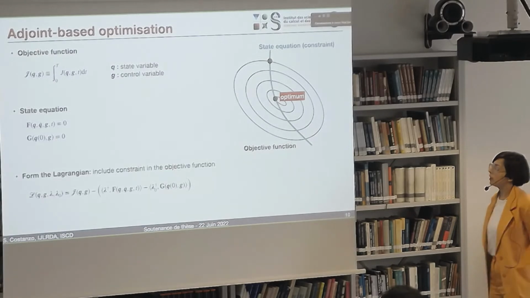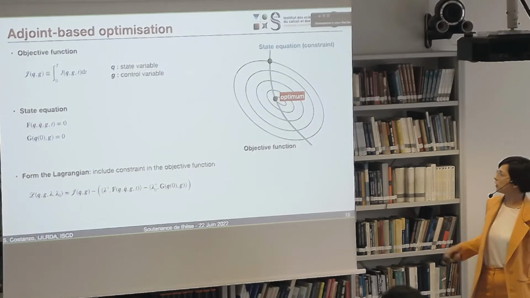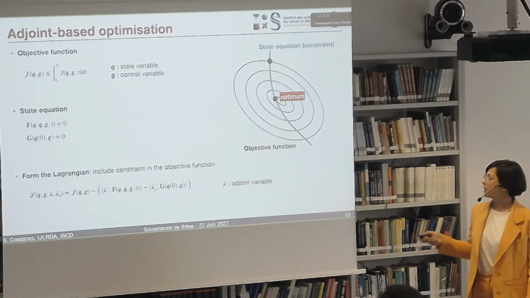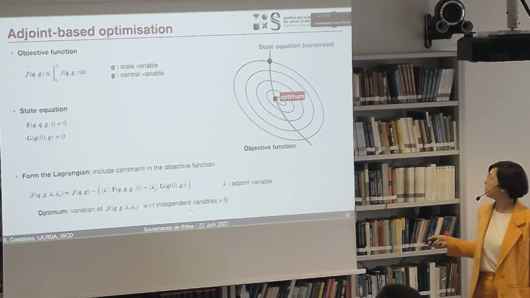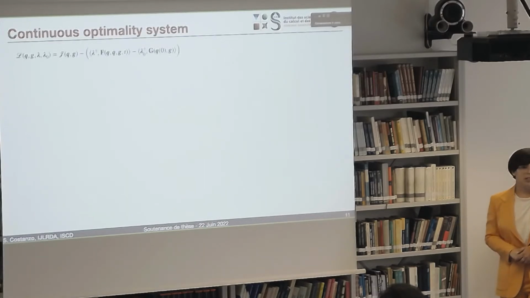So using the variational methods, we can form the Lagrangian to include the constraint in the objective function, here multiplied by some Lagrange multiplier that we call adjoint variables. Setting the variation of this Lagrangian with respect to the independent variables, so state variables, control variables, and adjoint variables, we can get to the continuous optimality system.